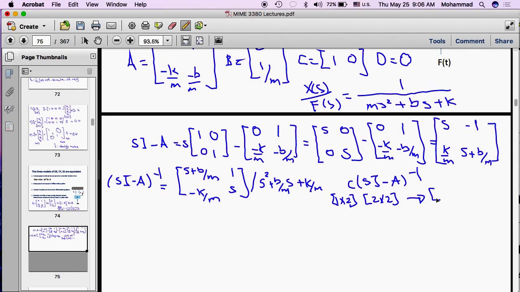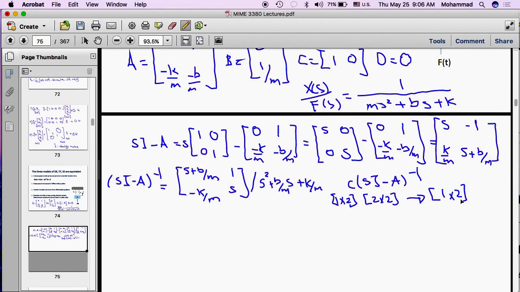From here we have 1, from here the outer is 2. So the result would be 1 by 2. Can you now see that? So if you pre-multiply sI minus A inverse, which we already found, by C, the result would be 1 by 2. Clear? Yes? Okay.